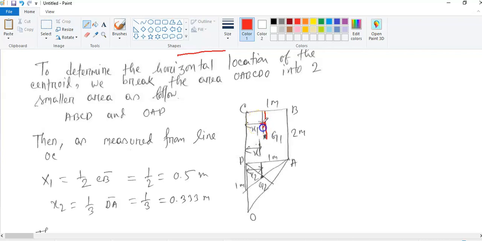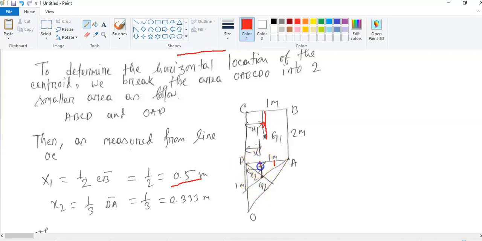Generally this is half of this CB. So we can say x1, this distance, is half of CB or BC. So it is half, and CB equals 1, so it is 0.5. When it is the triangle, it is more or less somewhere here.